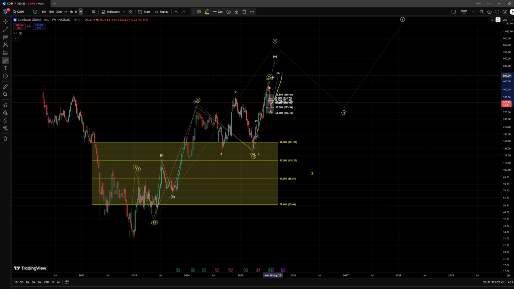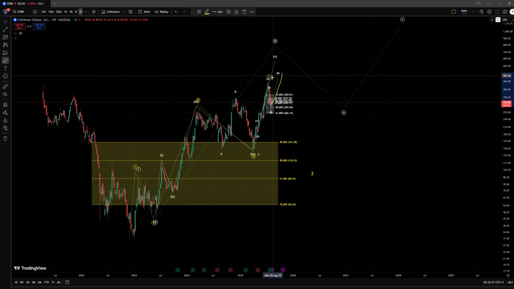Now, if that fails, if we fall below the support zone, it is a support zone that is a little bit more flexible, because in this case we would be tracking an ending diagonal here, but still not the best case that we fall below it. And then I would most likely start focusing and prioritizing the yellow scenario.